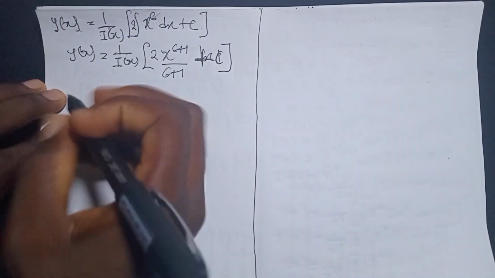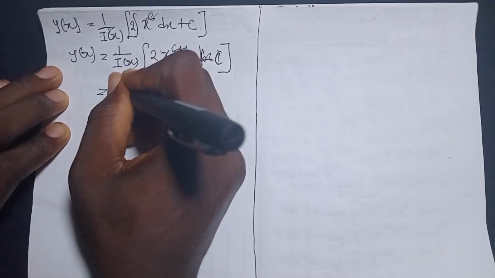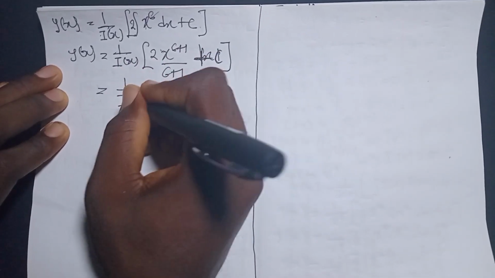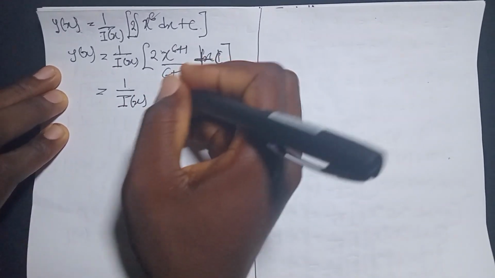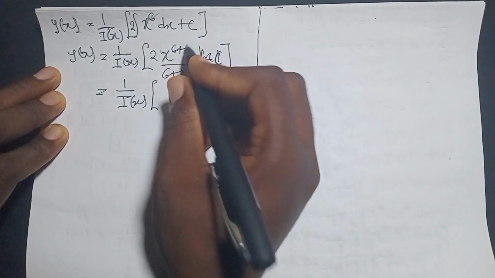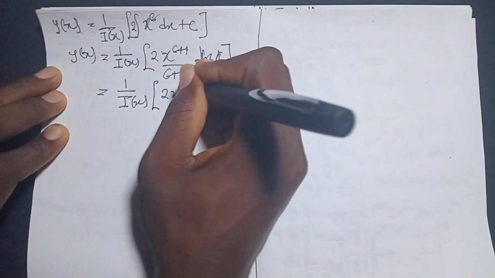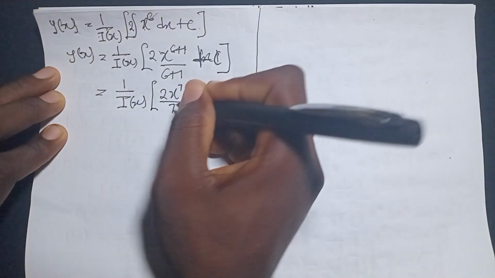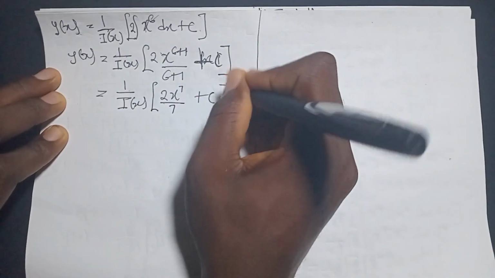So this is equal to 1 over I of x. X 6 plus 1 gives you what? 7. So you have 2x plus 2x raised power 7 over 7 plus c.